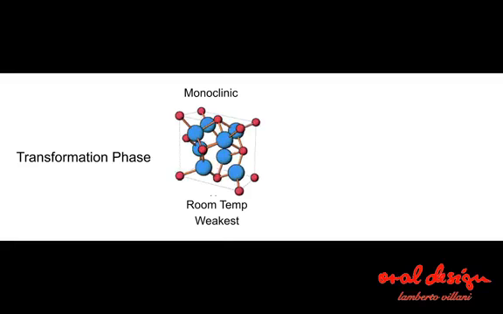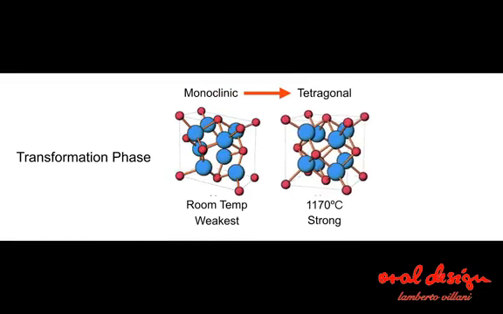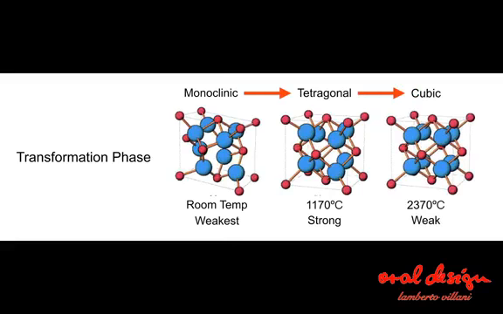By heating up to 1170 degrees, it transforms into the tetragonal phase. That is the strongest. That's what we want to work on. By heating more, to 2370 degrees, it transforms into a cubic phase.